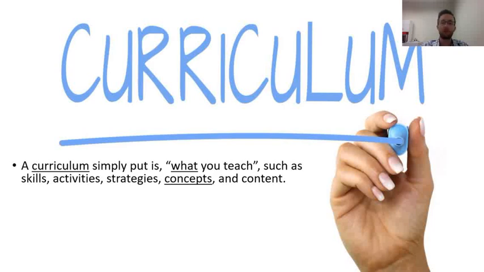An example of a strategy would be how to identify the plot in a story. An example of a concept could be teaching a child what a mystery is or what democracy is. And an example of content is all of the materials and activities used to teach skills, activities, strategies, and concepts. That's content.